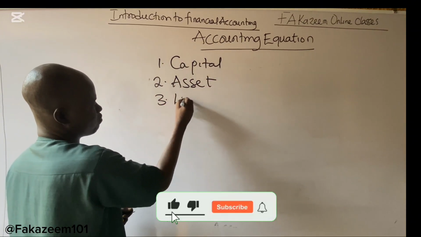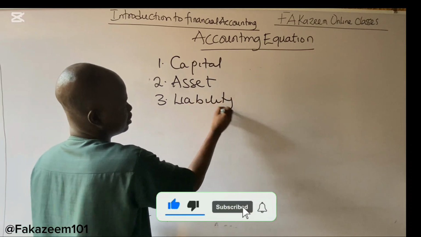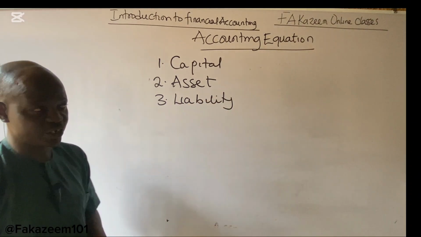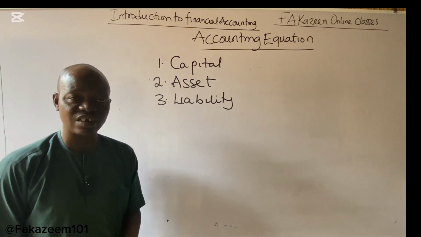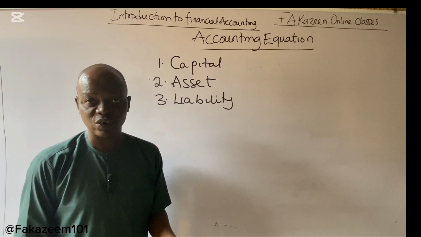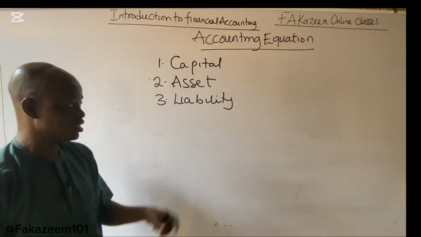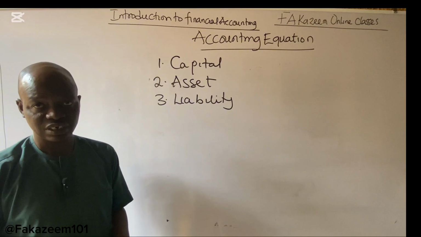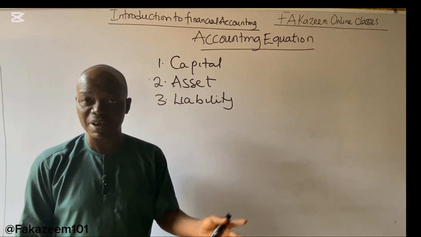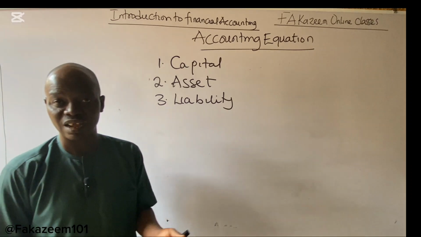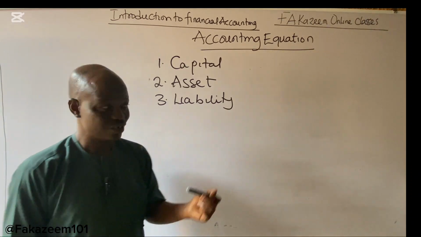And three, the meaning of liability. We have said capital is the money introduced into the business by the owner. Assets are resources that the business has control over in order to generate economic benefit. And liabilities are obligations that have happened as a result of a past event, the settlement of which can lead to outflow of business resources.